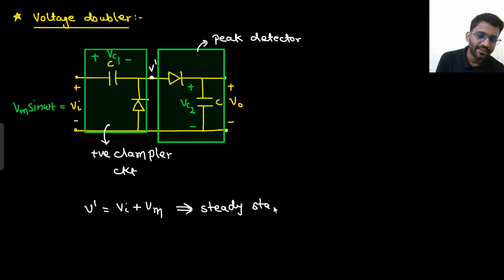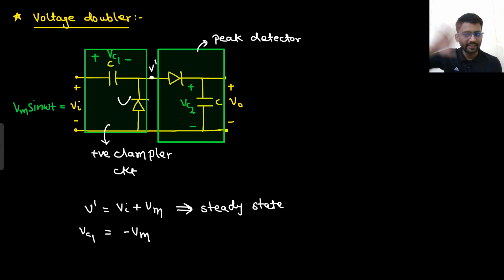Now why I am writing steady state, I will tell you later on. What will be your VC1? VC1 will be minus Vm, right? Because in the positive peak detector, when Vin is equal to minus Vm, this diode will be on.